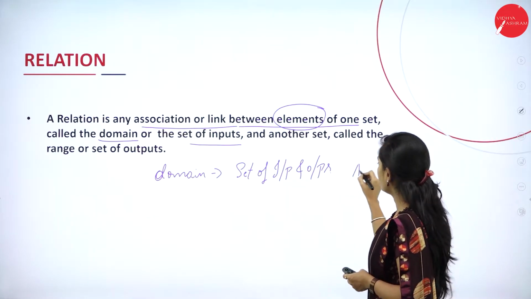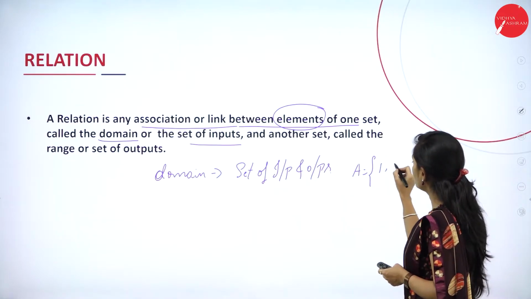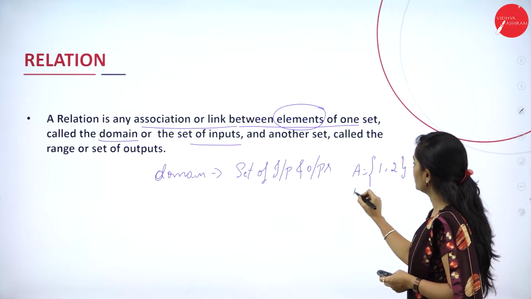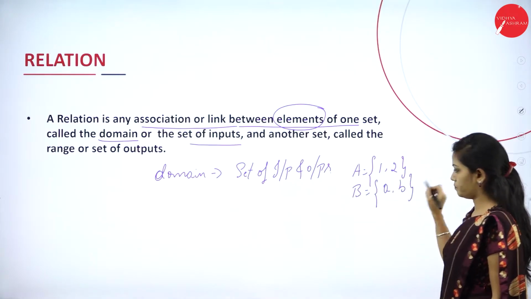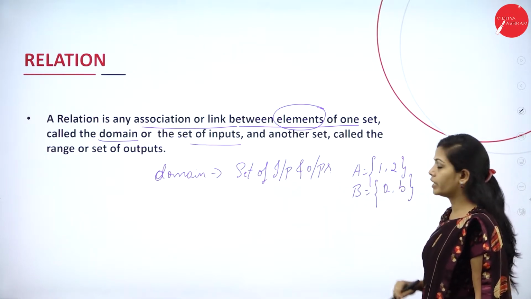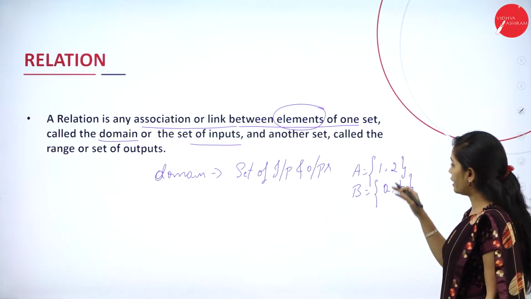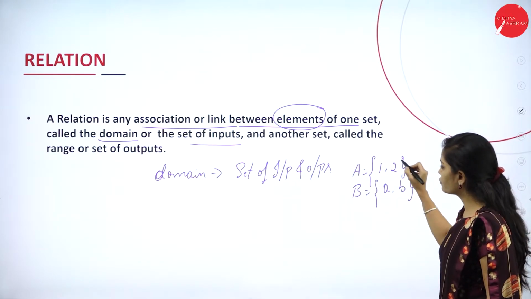Example, again I am considering two sets of elements, A is equal to {1, 2} and B is equal to {A, B}. So here I have two sets, set A and set B. In set A I have two elements.